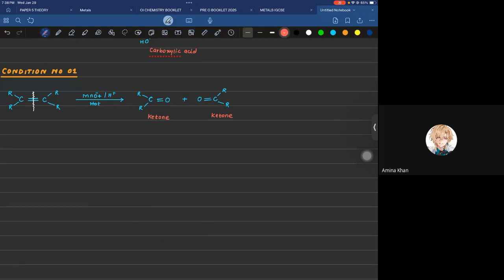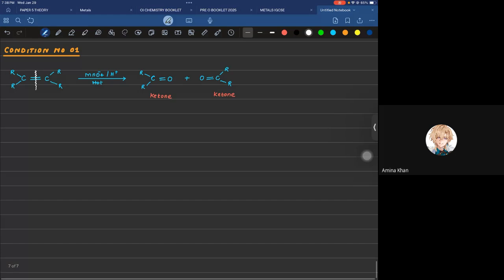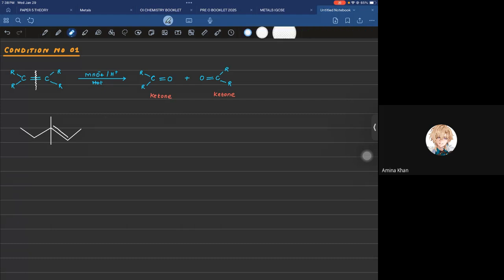Let's suppose I'm going to give you this reactant. Now you have to tell me what would be the product. See this.